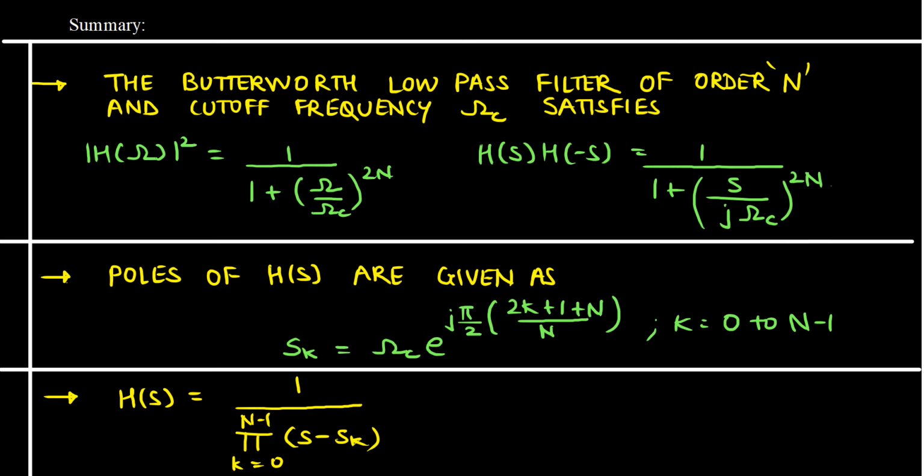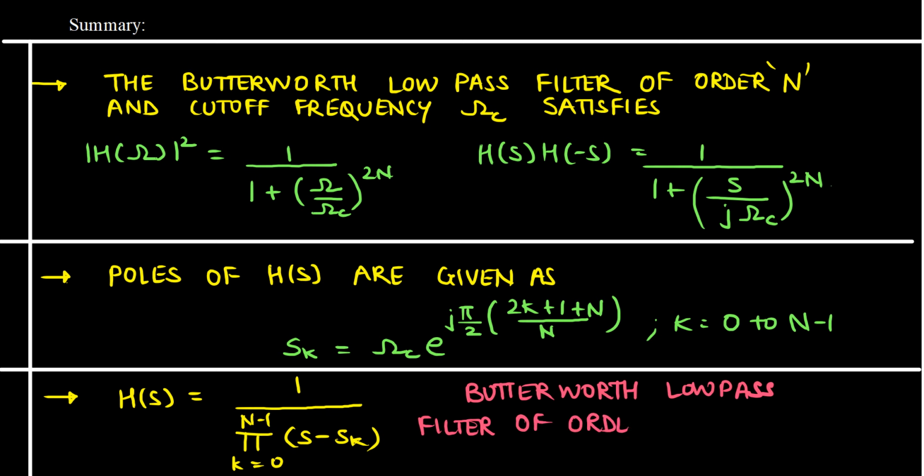This expression, H of s, is the Butterworth low pass filter of order n, and the cutoff frequency is this omega c.